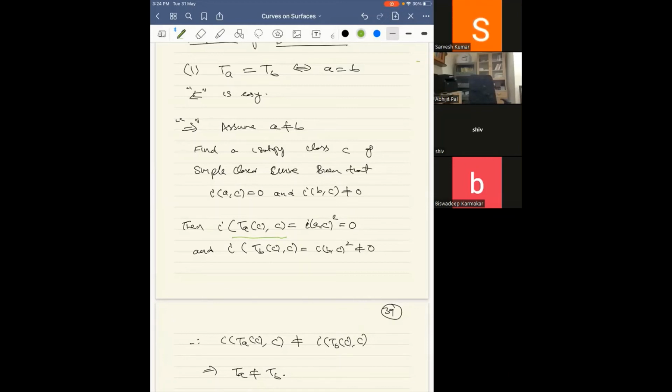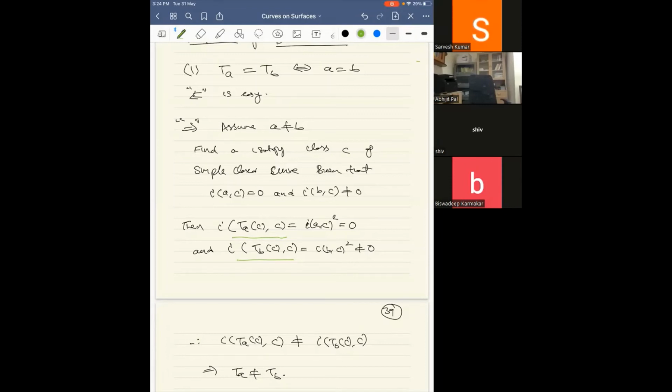But a and c have geometric intersection number 0, so this gives you 0. On the other hand, if you look at the intersection number of T_b(c) and c, you get some non-trivial quantity.